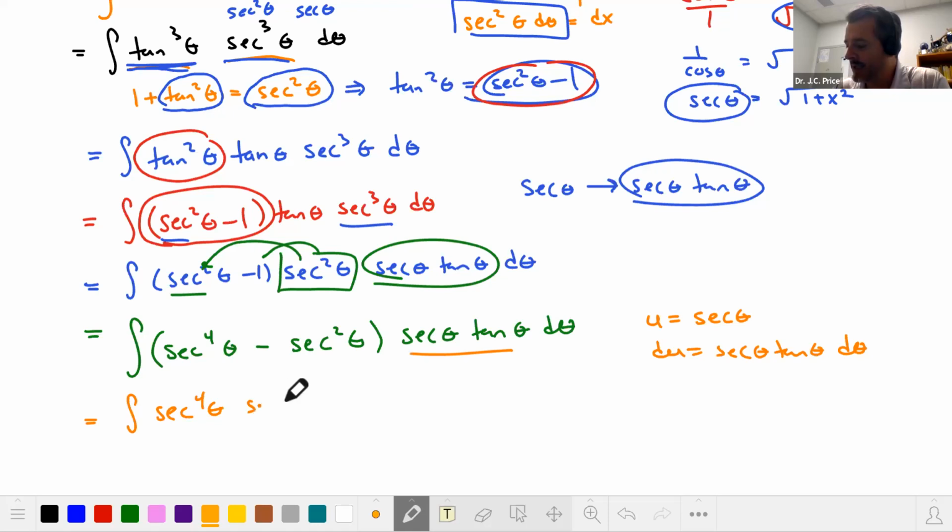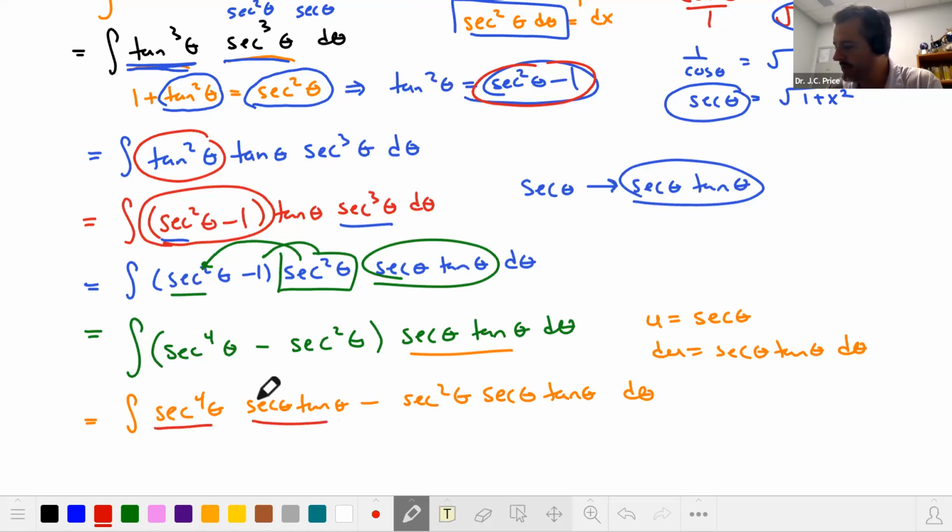So times secant theta tan theta here, minus secant squared theta, secant theta, tan theta, and then all d theta. And in each one of these, I have the function and its derivative. I got the function and its derivative.